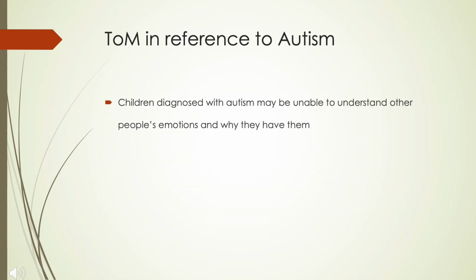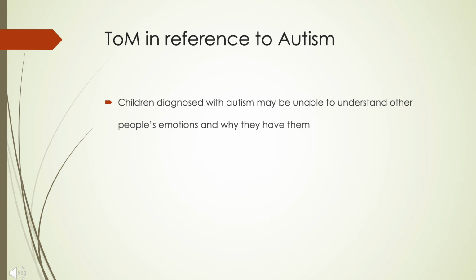Children who have been diagnosed with autism may be unable to understand the feelings and emotions of other people and why other people have emotions. For example, Casey could hit his mom because he is angry instead of verbally communicating to her that he is angry.